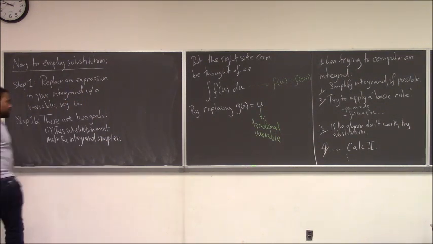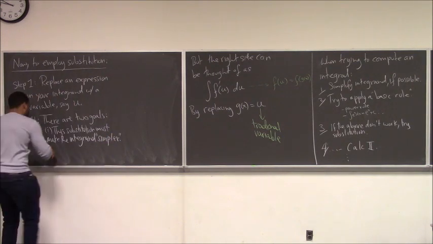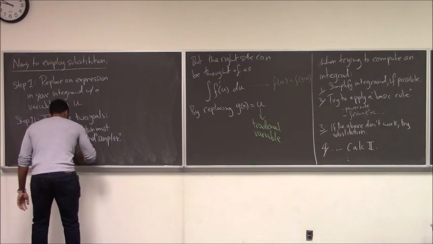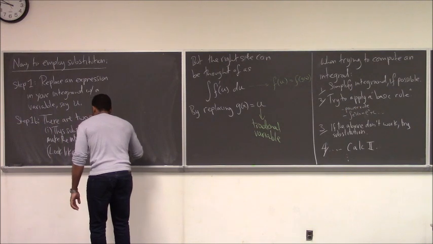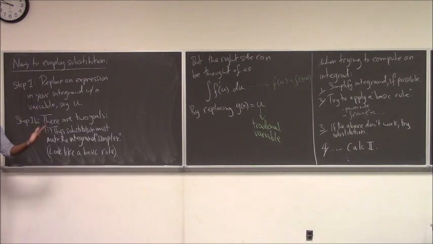What do I mean by looking simpler? Simpler has a very specific definition here. It looks like a basic rule. So after you do this substitution, applying the power rule, or some other basic rule you memorized, should be an obvious choice. That's the goal. You want to change the form of this integral to look like something nice.